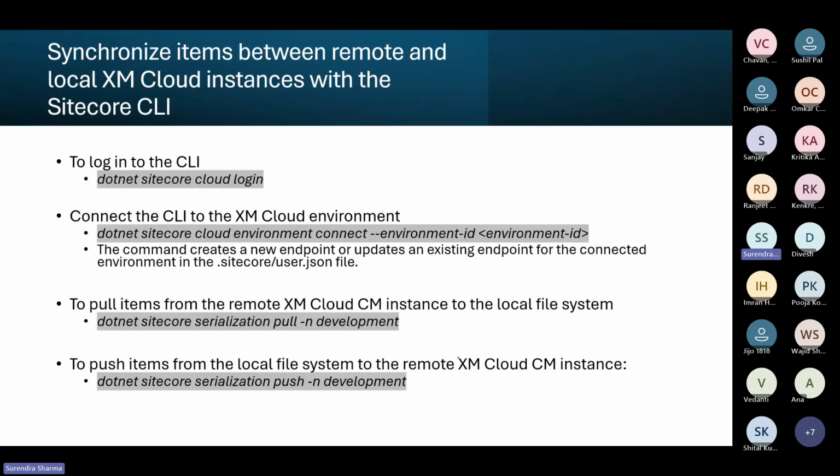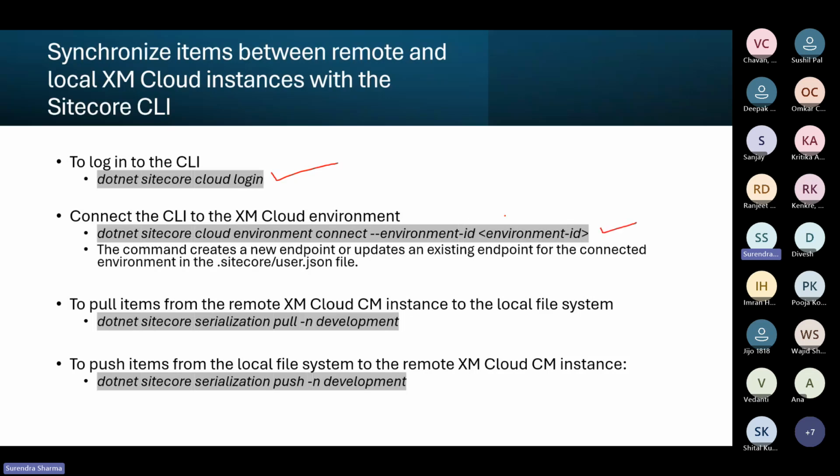If you want to start with this CLI based operation, then you just need to remember the 4 commands. So for the first command, you have to open your PowerShell in admin mode, go there, and you just need to fire this command: dotnet sitecore cloud login. So it will allow you to do the authentication with the XM Cloud here, and then you have to connect it with your environment.